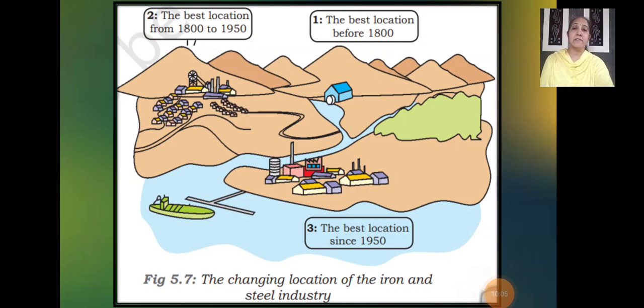But why have the factors kept on changing, from 1800 to 1950, and then after 1950 it was different? This is because by this time the steel works had become very large and iron ore had to be imported from overseas.